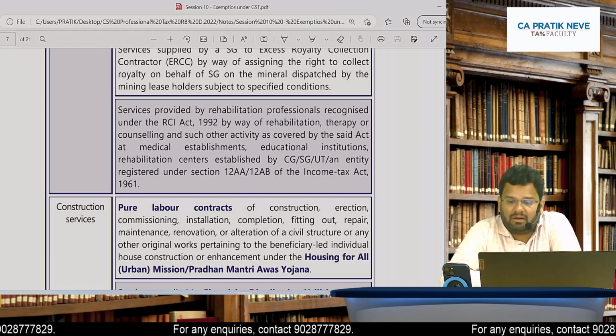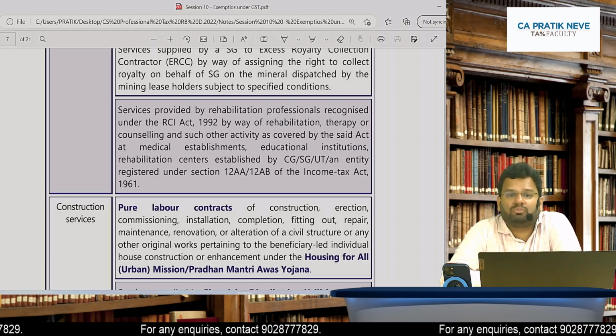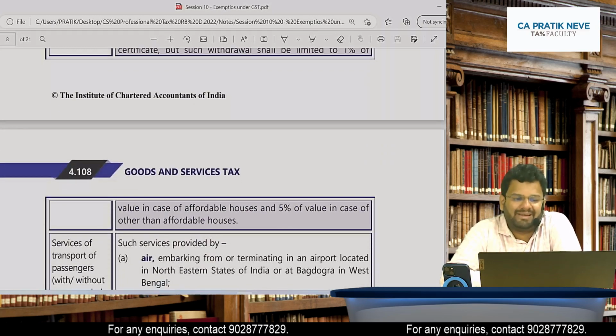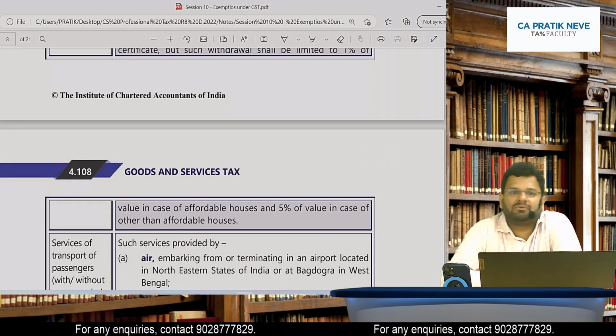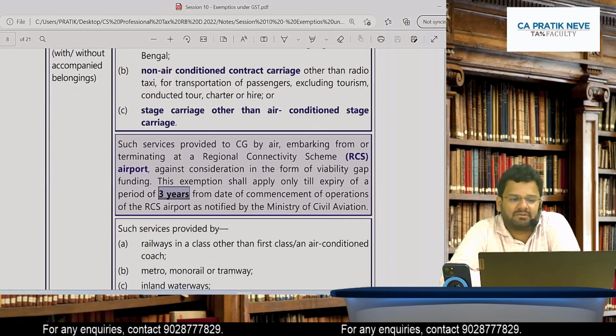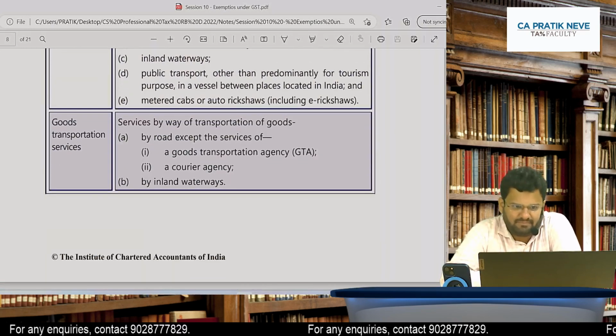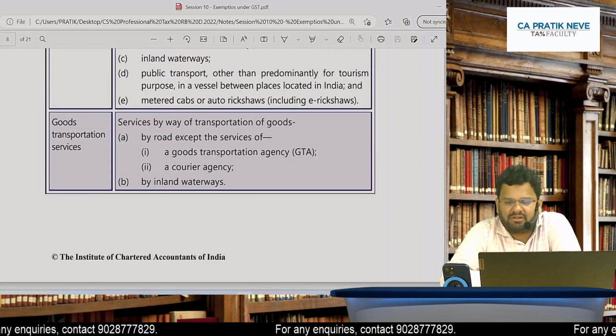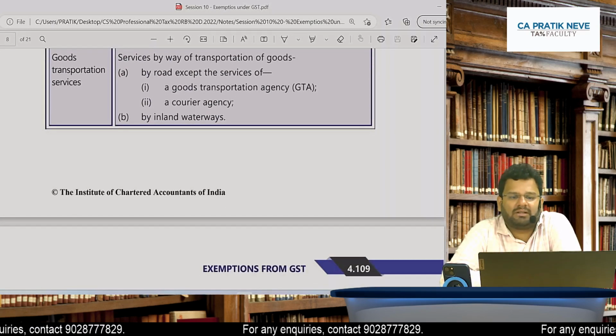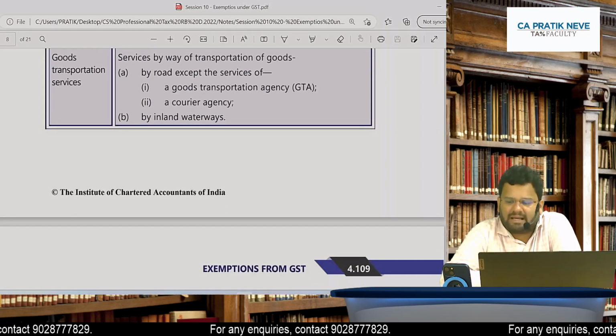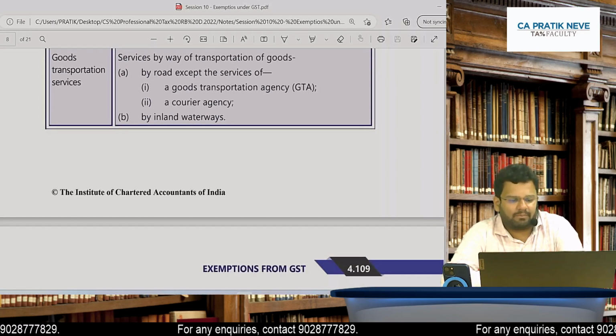But if a model goes to a clinic and takes cosmetic and plastic surgery treatment to look better artificially, then obviously it is not a healthcare service, it will become taxable. Did you get my point?